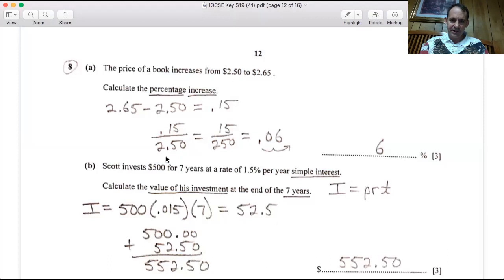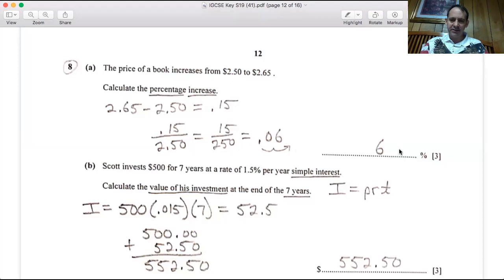Okay, make sure you divide it by the original price. So 15 cents out of $2.50, you move the decimals over twice, divide it, turn it into a decimal, and you get 0.06. Remember, to make it a percent, you move the decimal over twice.